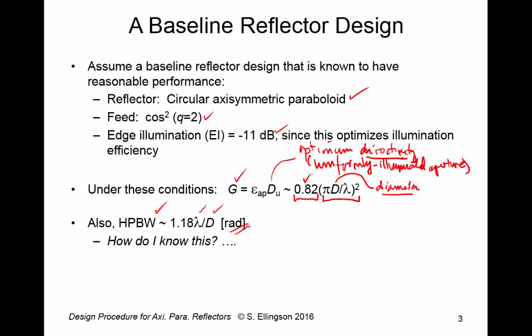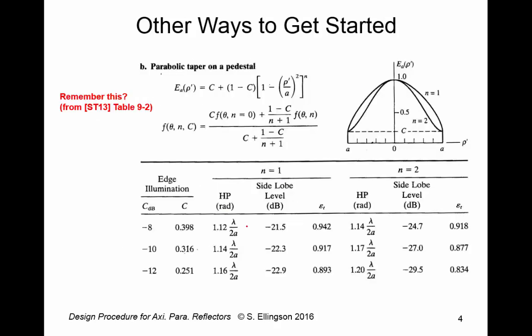But we did it before we started talking about reflectors. What I did is discussed in general how aperture tapers worked and how they modified the characteristics of the half-power beam width and the side lobe level and so on. And in fact, this is from your textbook, Table 9-2, also appears in the lecture notes.